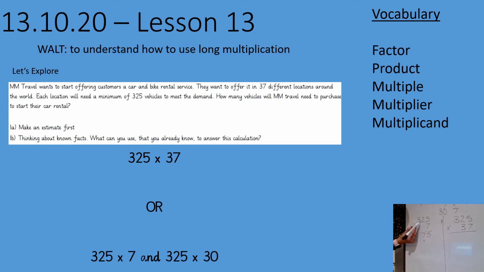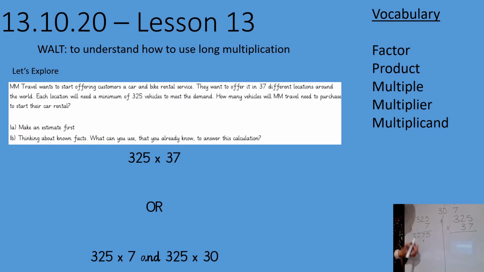And then we've got 3 multiplied by 7, which is 21. Add my extra 1 on here, which is 22. And that's the same as 2,200, because it was 300 multiplied by 7, not 3. Let's look at where that answer appears over here.